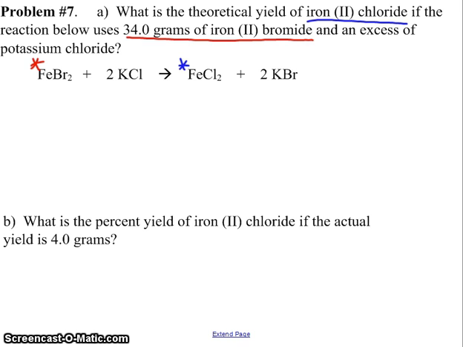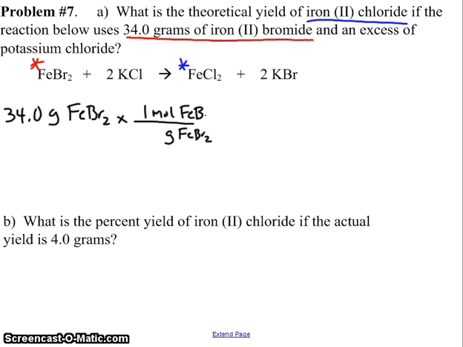So starting with our stoichiometric problem, we're going to start with the 34.0 grams of iron 2 bromide, that's FeBr2. We're going to do our 3-step stoichiometry problem, so grams to moles. So grams of FeBr2 in the denominator, 1 mole of FeBr2 in the numerator. Adding up the molar mass of FeBr2 to the nearest tenth is 215.9.